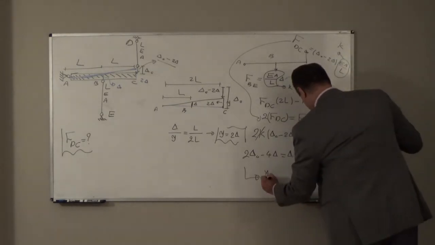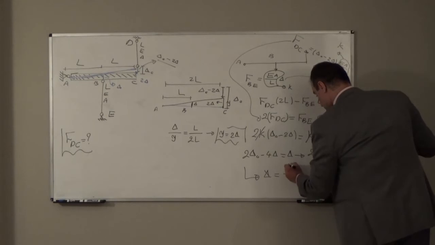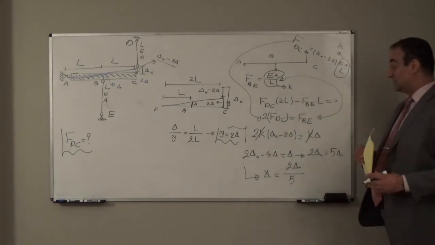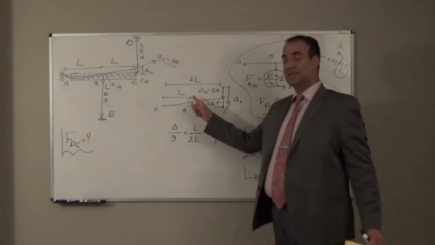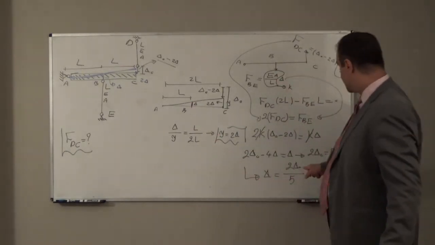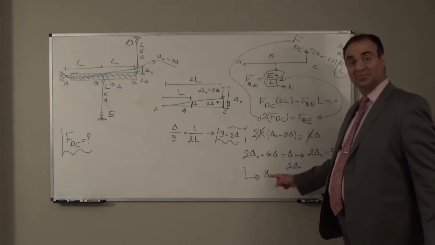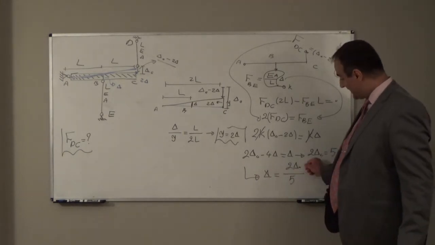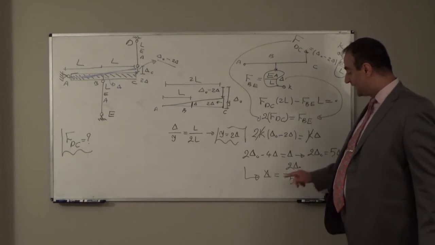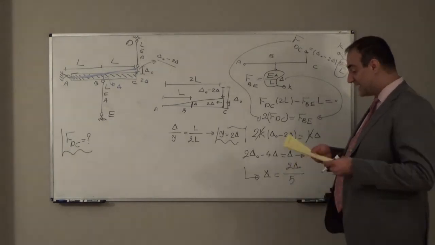Finally, delta will be equal to 2 delta naught over 5. Delta initially was unknown, but delta naught is a known value. Now delta is a known value too, because we have the delta naught magnitude, we will plug in here and find delta.